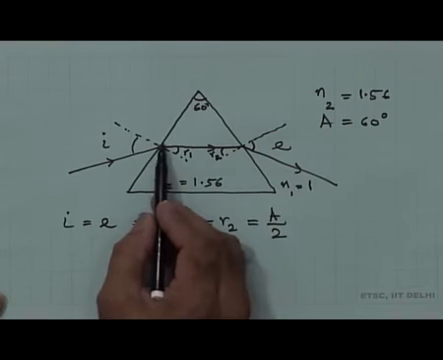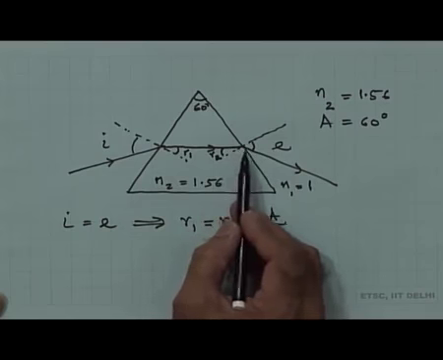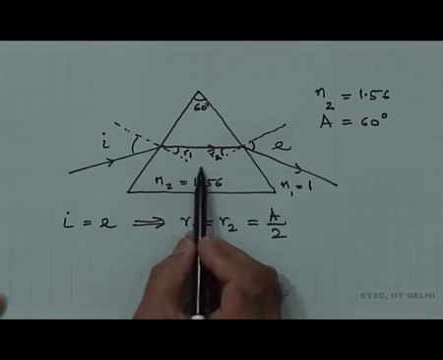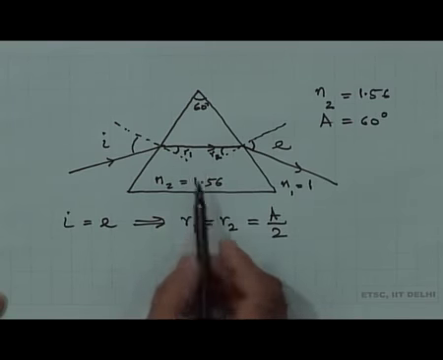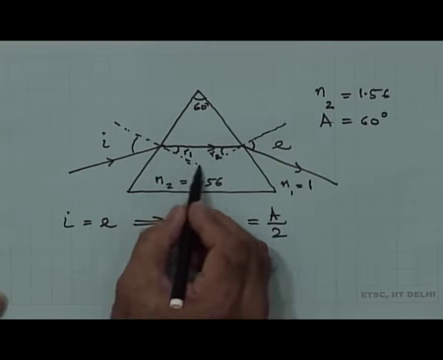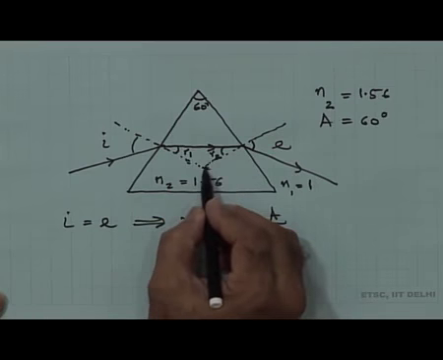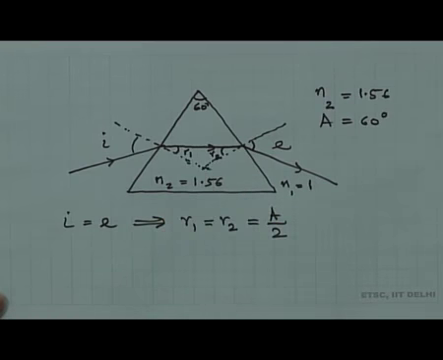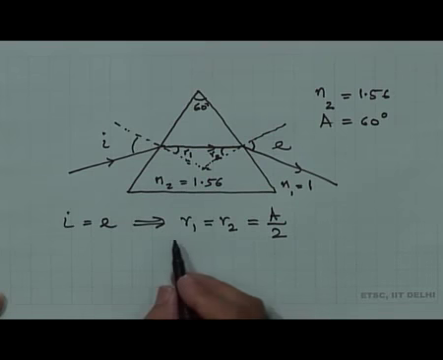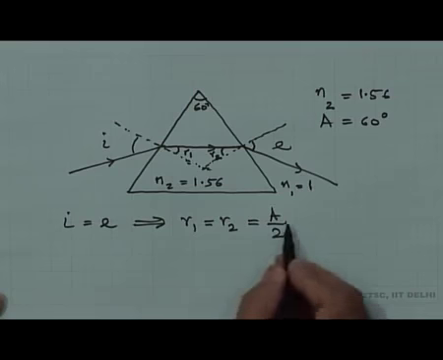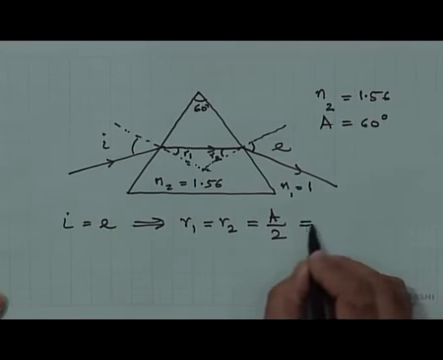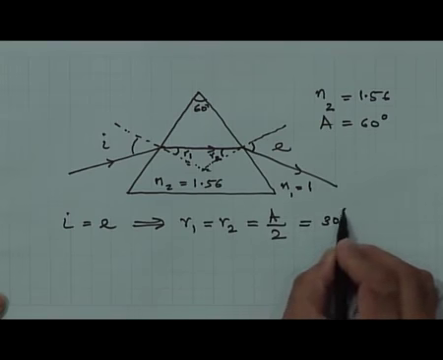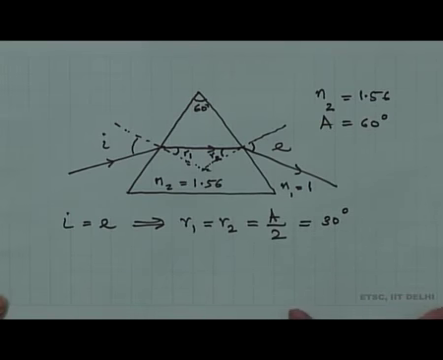We have already seen this, because this is 90 degree, this is 90 degree, therefore, A plus this angle is equal to 180 degree, and R1 plus R2 plus this angle here will be 180 degrees, and therefore, R1 plus R2 must be equal to A, and therefore, R1 is equal to R2 is equal to A by 2. Because A is 60 degree, this is equal to 30 degree.